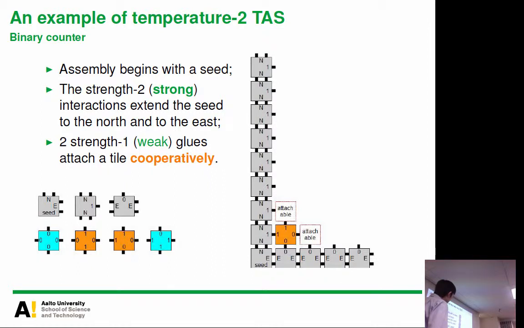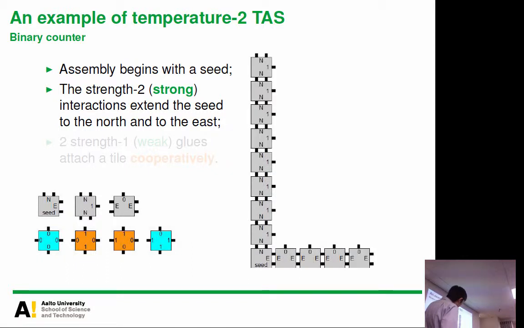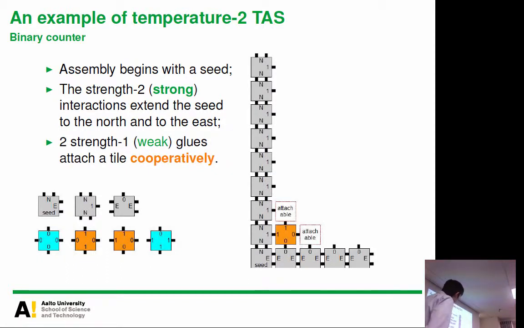Is it clear? 1 + 1 = 2. Without this south support, it's too weak, so it cannot bind, but with support from both sides, now this can stay there very stably, very comfortably. Is it clear?